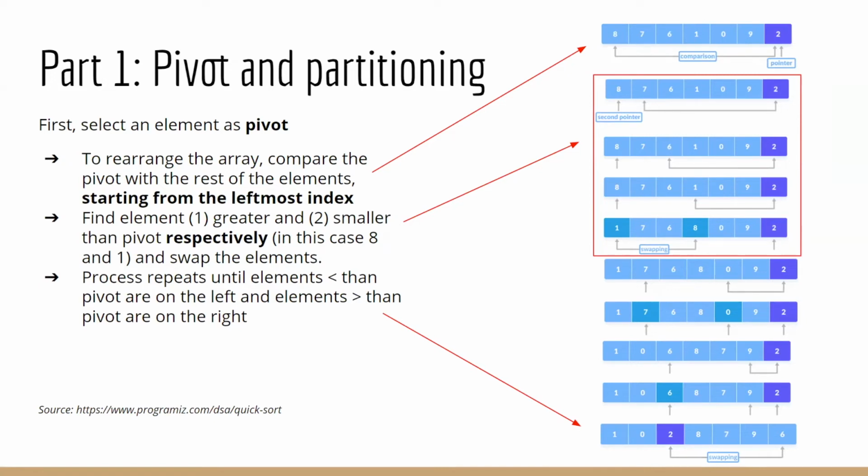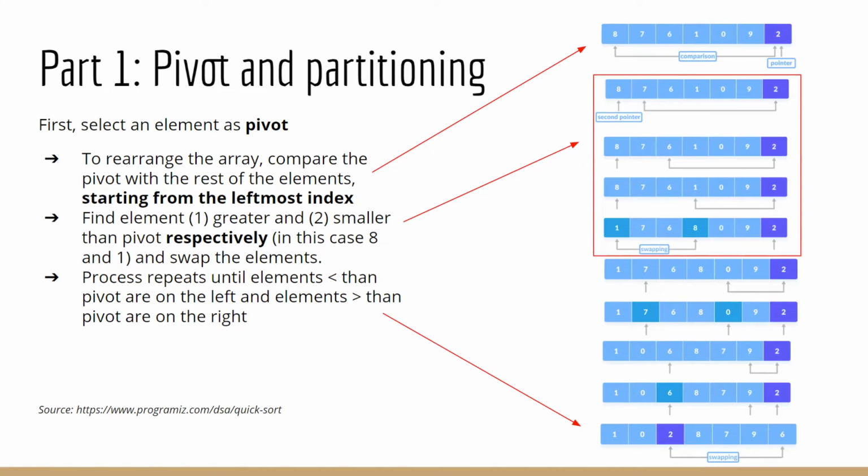So to rearrange the array, you compare the pivot to the rest of the elements, and it's important that you start from the leftmost index. You want to find firstly an element that's greater than the pivot, and secondly, an element that's smaller than the pivot. Again, it's crucial that you do this in order: greater first and then smaller, starting from the left. In this example, 8 is the first number from the left that's bigger than 2, and 1 is the first number from the left that's smaller than 2.